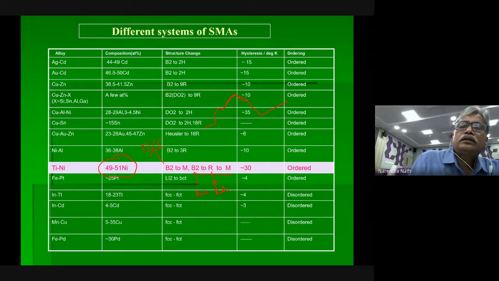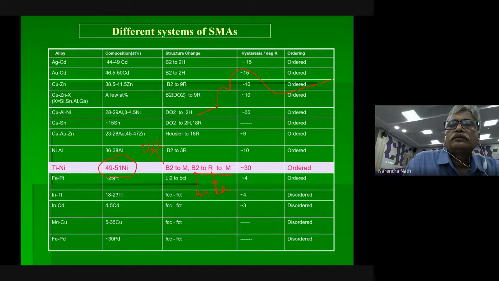Now, if you see this B2 R to M, it is like this. While heating, while cooling, see here, now there is another phase coming here. So this is the R phase, rhombohedral phase.